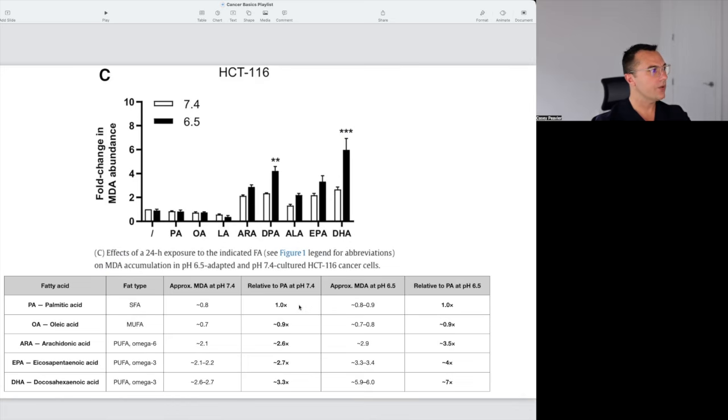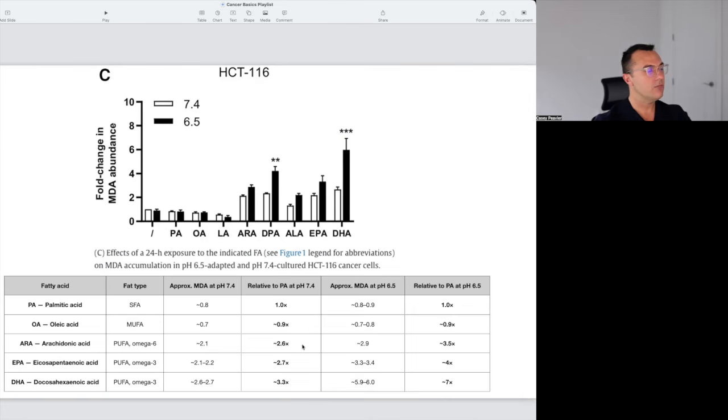So let's start with palmitic acid, which is a saturated fatty acid. It has, relative to the rest of the fatty acids, 1x at both physiologic pH and the acidic pH found around tumors. If we compare that to a monounsaturated fatty acid, it actually has about the same, slightly more resistant to oxidative stress, and that would be at 0.9x respectively for both pHs.